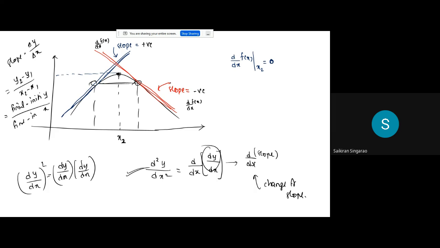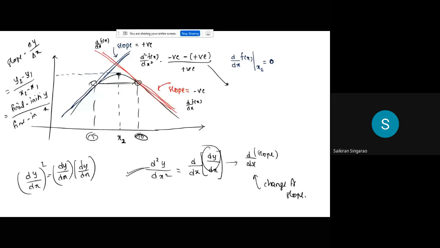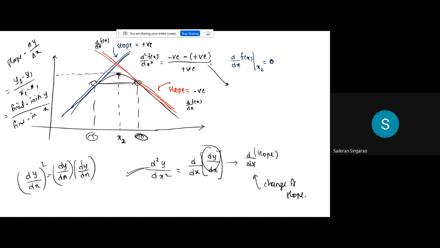The final slope is negative, minus the initial slope, which is positive, divided by x2 minus x1, which is always positive, because this value is always greater than this value. So what are you getting? d²f by dx² is negative. Did you understand how you are getting this negative?